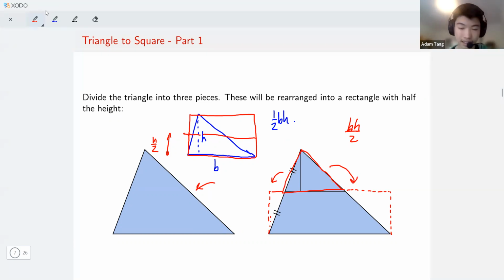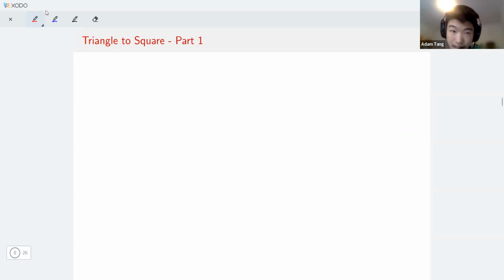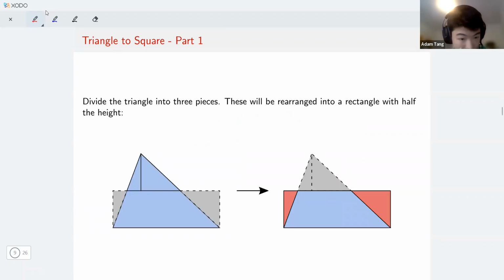And that's actually not too hard to do because you can almost see it immediately. You take this altitude. Now we have two pieces that will in fact fit in those empty areas. So here's the diagram for this. Once we do these two cuts, it's possible to take this, rotate it, and put it here, and take this piece and put it here.